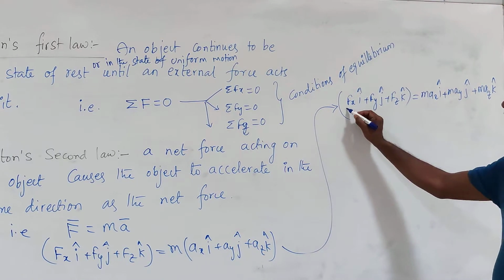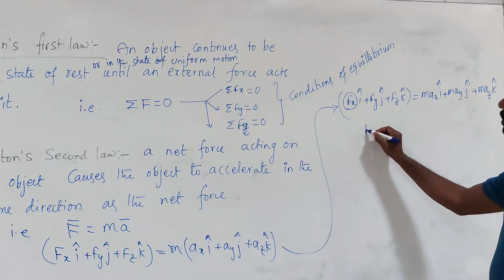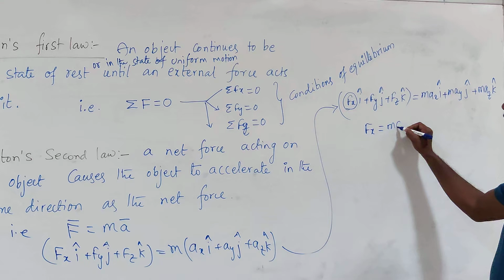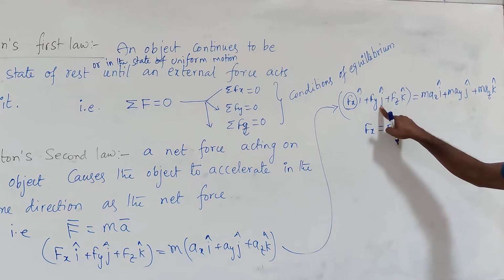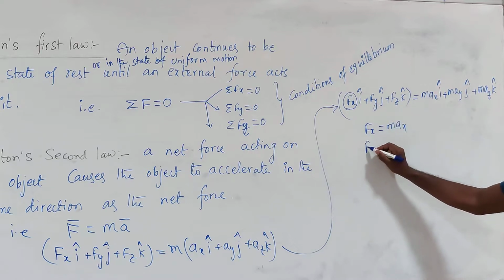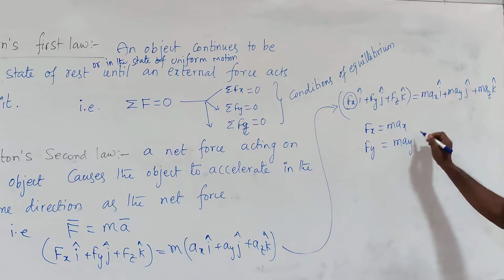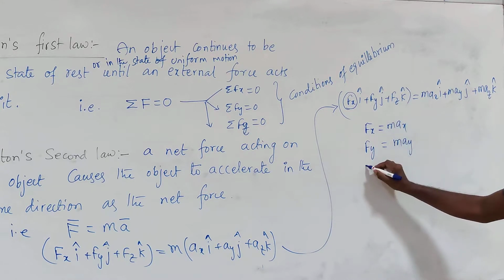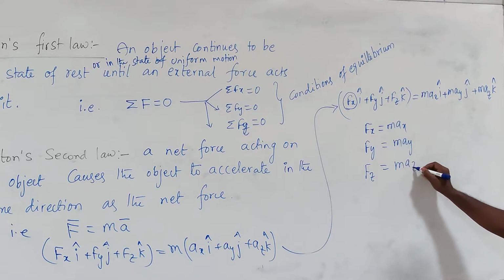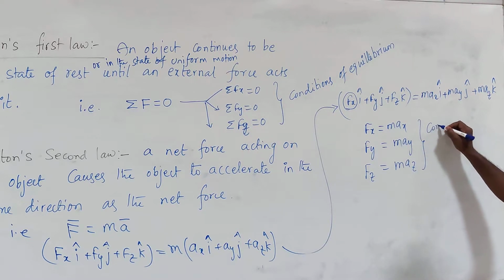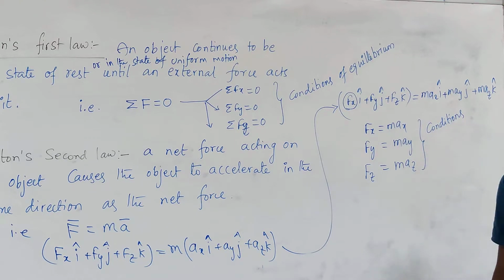So comparing the x components, here i is nothing but the x component, so Fx equal to max. Comparing the j components, the y component, Fy is equal to may. And simply comparing the z components, Fz is equal to maz. So these are the conditions in which the particle is in motion.